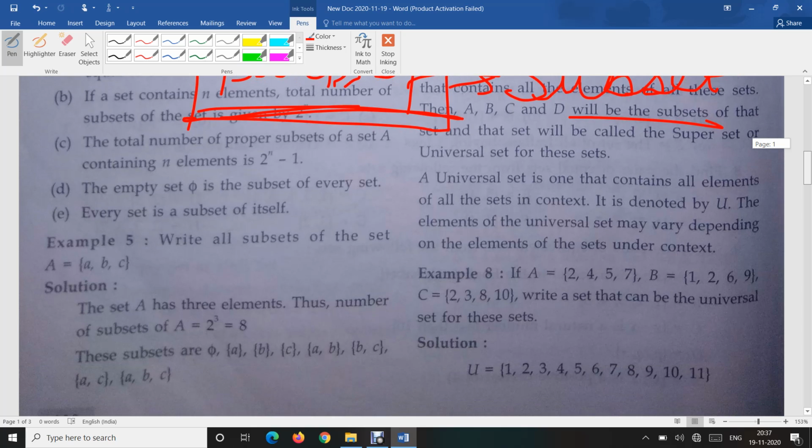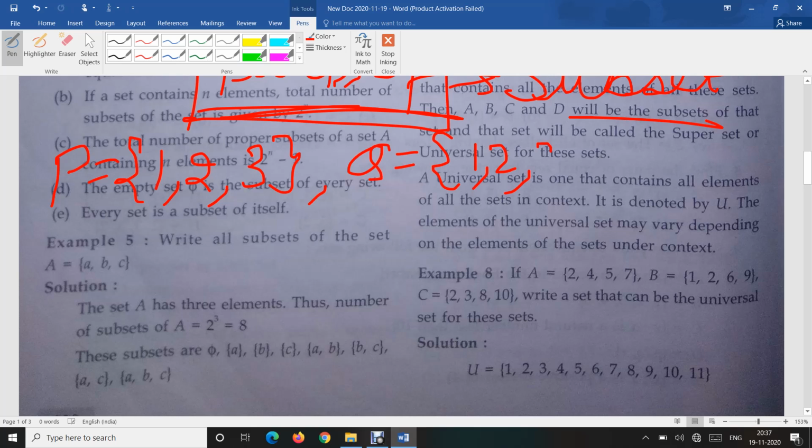Now the next one is, suppose you have P equal to {1, 2, 3} and Q equal to {1, 2, 3, 4, 5}.